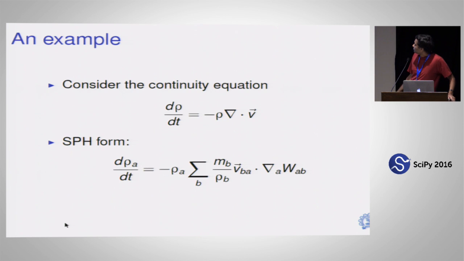Now take an example like the continuity equation, a representation of conservation of mass. You have d rho by dt, where rho is the density, equals minus rho times the divergence of the velocity field. And that in SPH form becomes this. Over each particle A, you have an ordinary differential equation whose right-hand side is just a summation over neighboring particles.